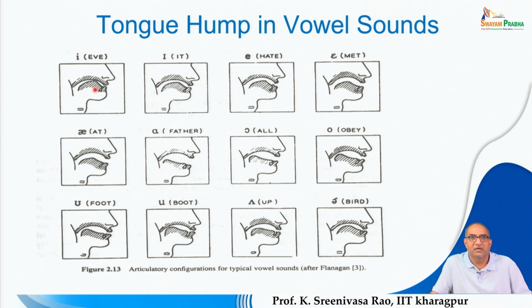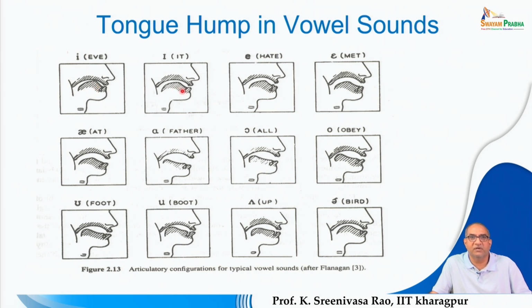This corner figure corresponds to the position of the tongue hump when you are uttering the vowel e in the context of eve.